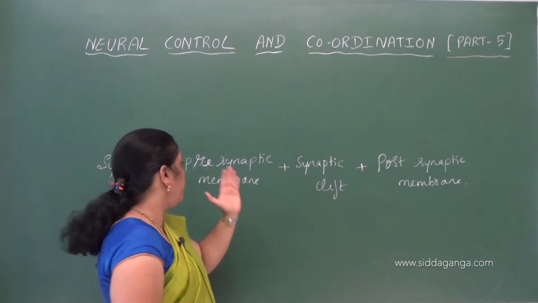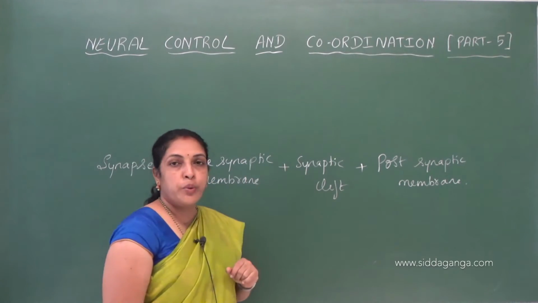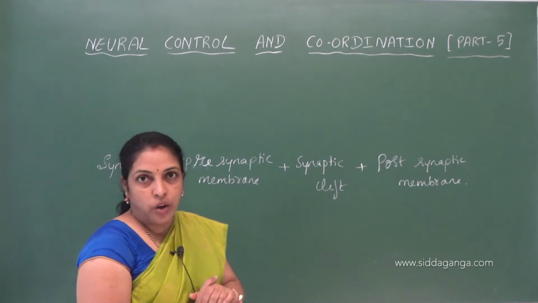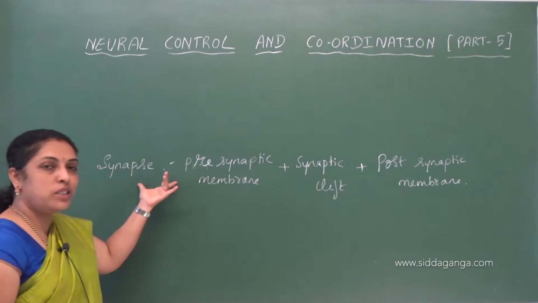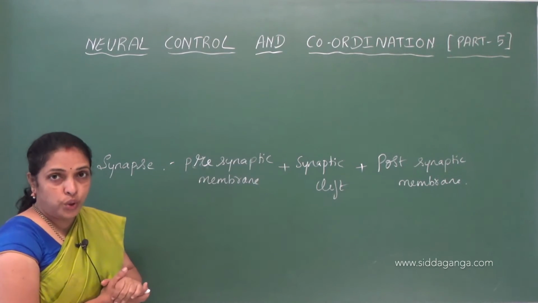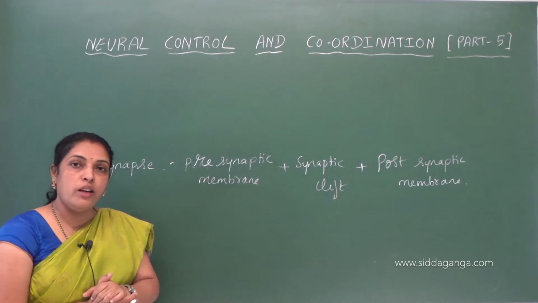It is a junction between the presynaptic membrane and the postsynaptic membrane, and the postsynaptic membrane is seen on the dendron. This is about synapse. It is a functional gap between two neurons, that is, between the axon and dendron.